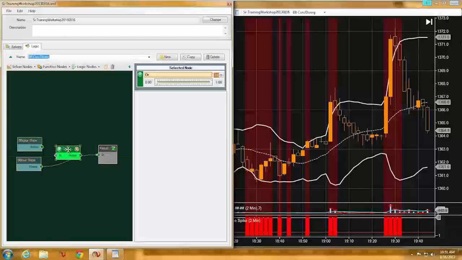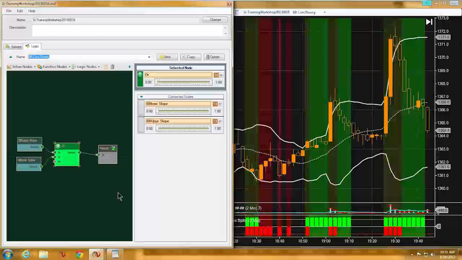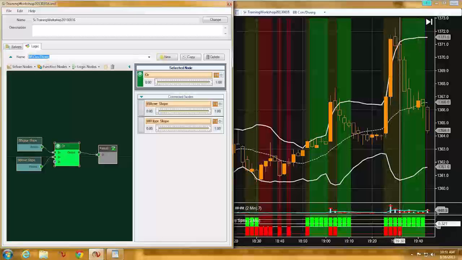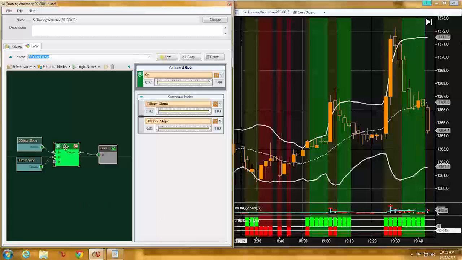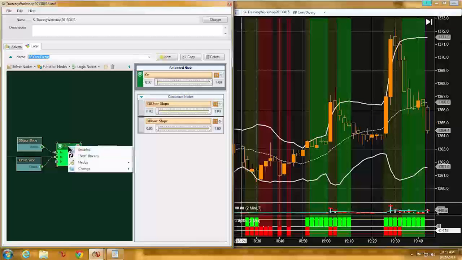Now, one train of thought is you could just connect both these into an OR signal, and sometimes you get both a long and a short out of this. However, sometimes you'll get a long only, sometimes you get a short only, so that doesn't quite work out. I'm just going to do some experimenting here.